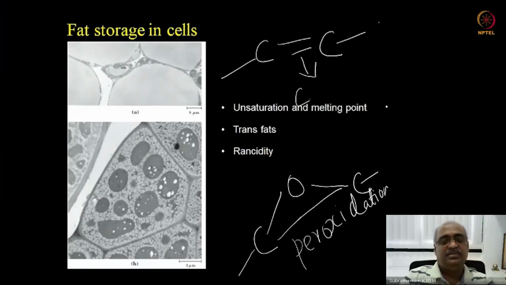And this has a major consequence if it is the lipid chain of the cell membrane. So then the cell membrane's integrity is lost. So therefore, this is not something that is good for the integrity of the cell membrane. So to prevent this, we have antioxidants in the lipid phase as well, hydrophobic antioxidants. We will learn about them a little later.